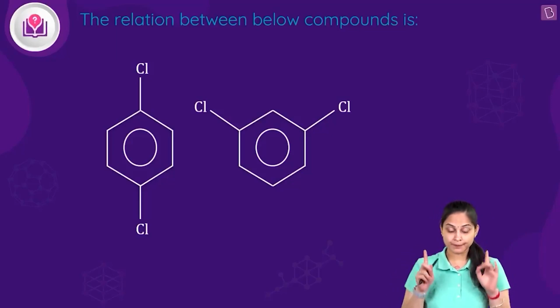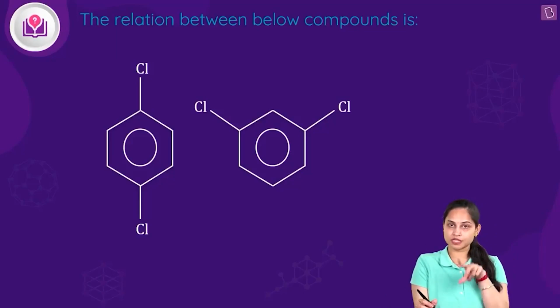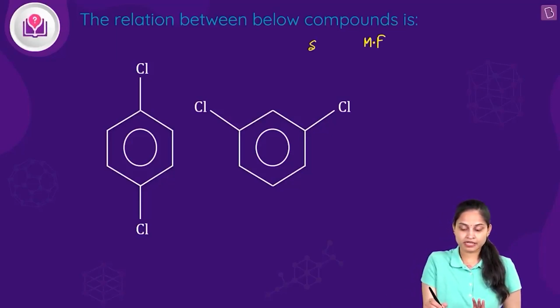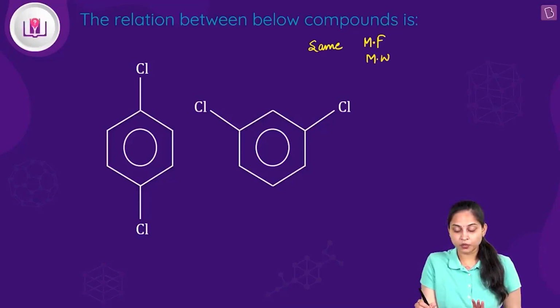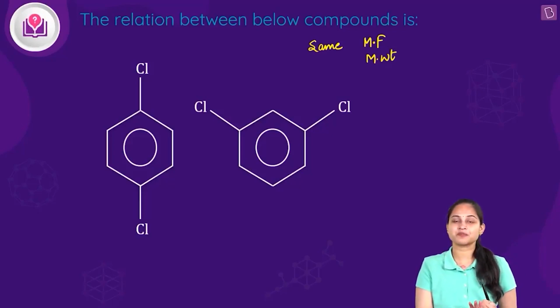That's the case. But I can say one thing over here, that these 2 particular compounds given to us have the same molecular formula, same molecular weight. But the positions of the substituent attached to the main carbon skeleton are different.